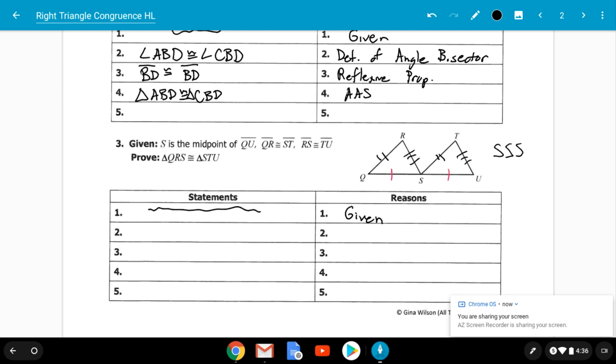We had to say or conclude that QS was congruent to SU because why? That's the definition of midpoint. We had everything we needed, so we said triangle QRS is congruent to triangle STU because of SSS.